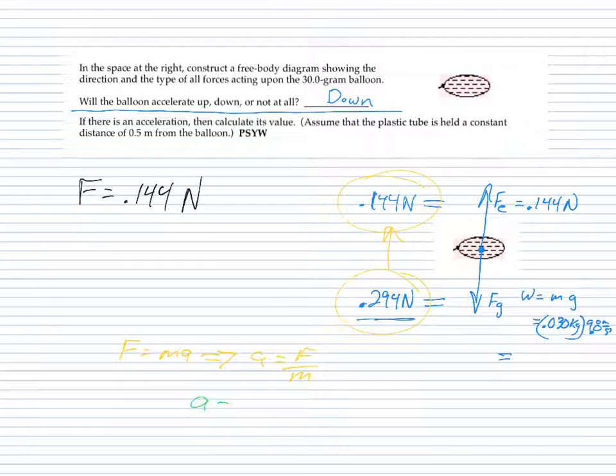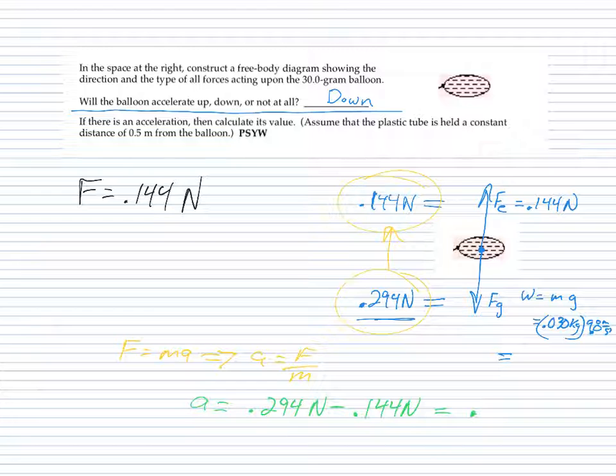Well, it's going to be 0.294 newtons minus 0.144 newtons, which gives me 0.15 newtons.